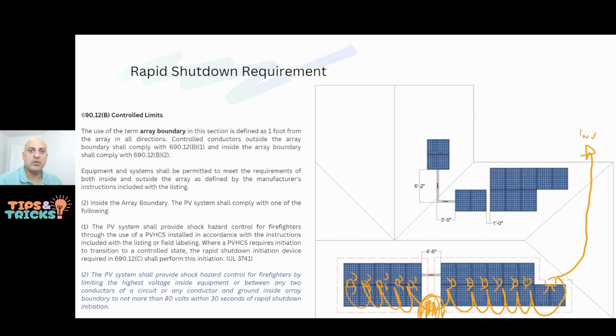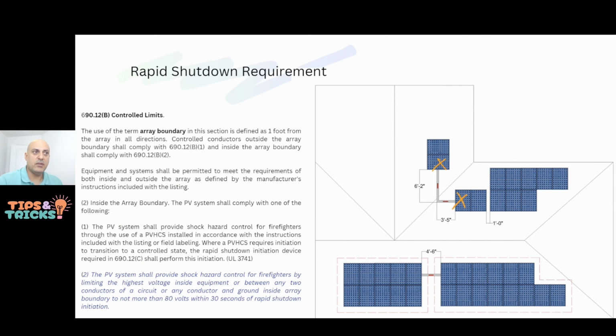I cannot jump and connect these 2 panels to a microinverter, because it's going to exceed the array boundary of 1 foot. So it means you need to send me another microinverter just to individually do each of those 2 panels.